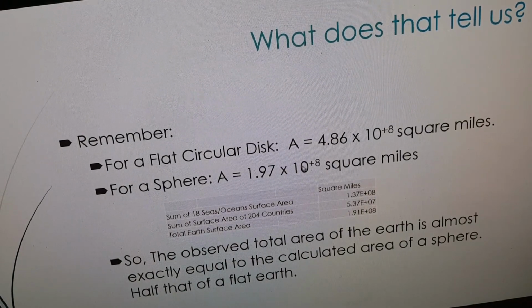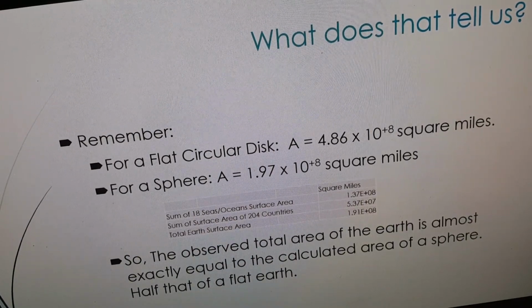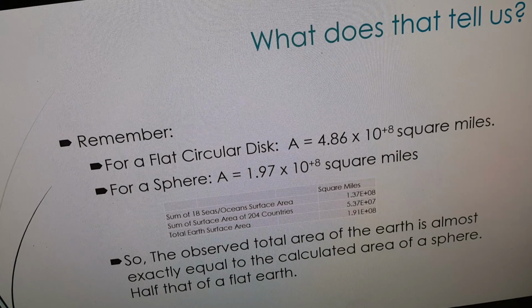And then here are the measurements that I got off of the internet for the water, and then for 205 numbers, including Antarctica. So I got 137 million square miles, and then this one is 53 million square miles. Add those together and you get 1.91 times 10 to the 8, or 191 million square miles.